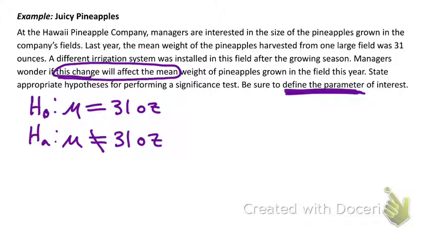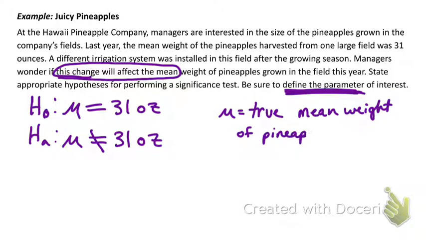Okay, define our parameter. The parameter we're using here is mu. So basically, I just have to write a little statement about what mu is in this particular problem. Mu in this particular problem is the true mean weight of pineapples in this field.